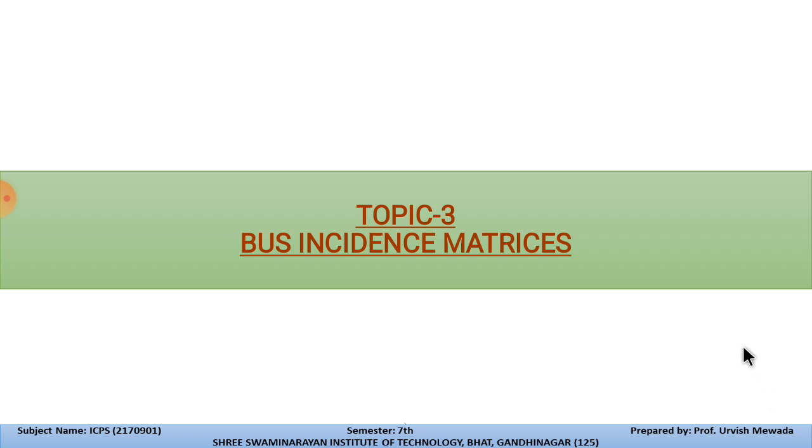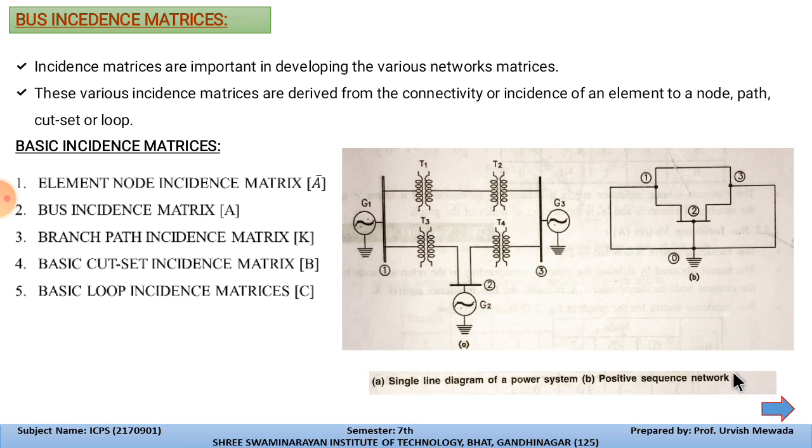That is why it is called bus incidence. So the incidence matrices are important for developing the various network matrices, because we first need to develop the matrices, and then we can solve them for the calculation of the power system network.